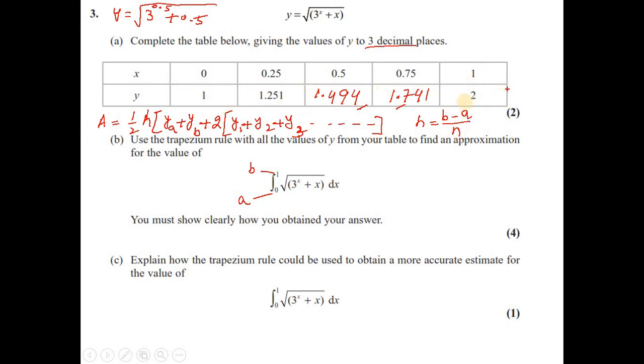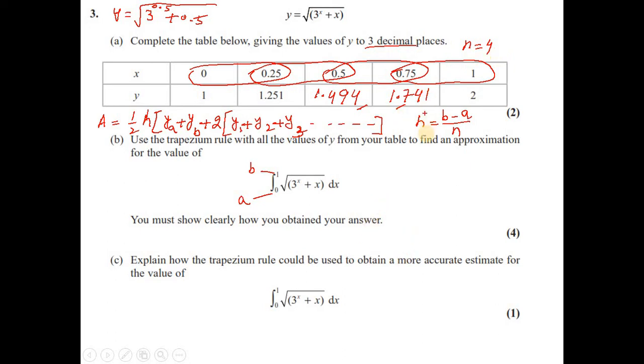So from 0 to 0.25 is your first strip, 0.25 to 0.5 is your second strip, and from 0.5 to 0.75 is your third strip, and then the fourth strip. So n is equal to 4.